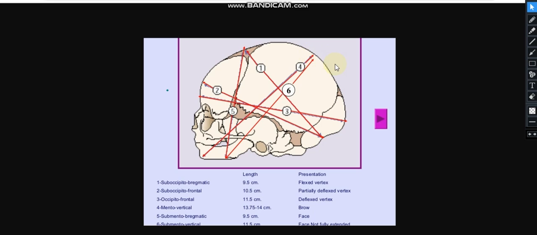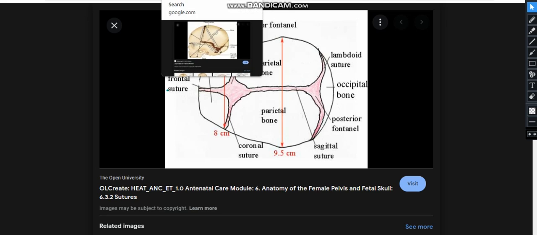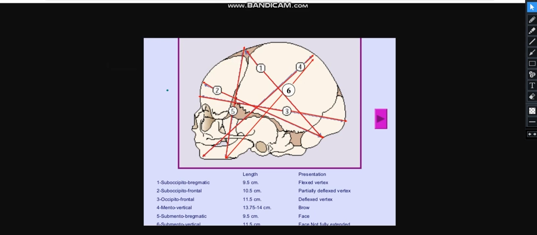That's it. The second thing we need to know is what the various presentations are in this case. For the presentation, you need to remember this mental point: whatever is behind this point will have the face presentation.